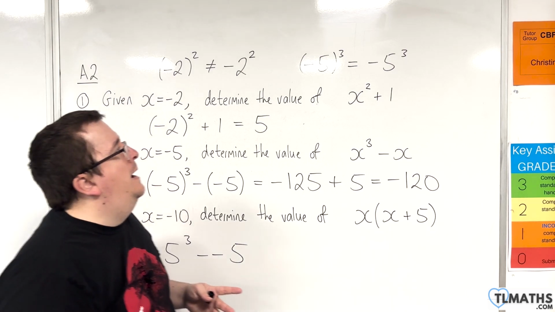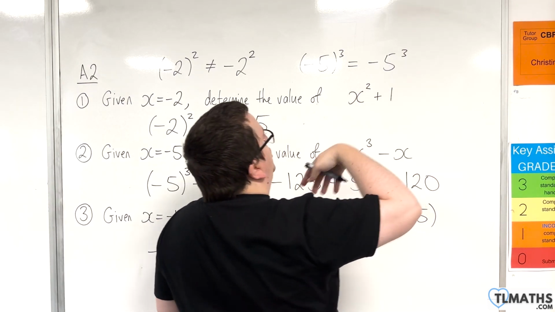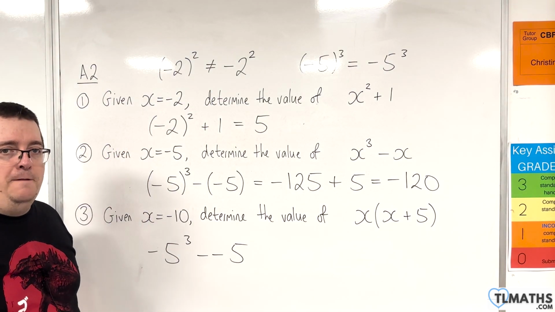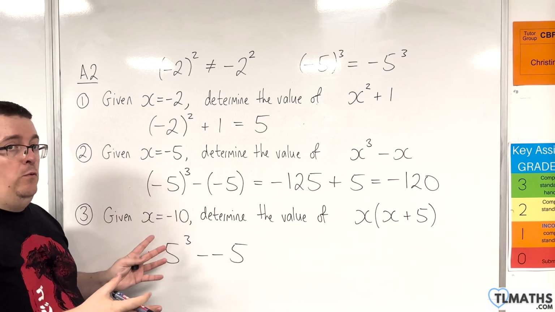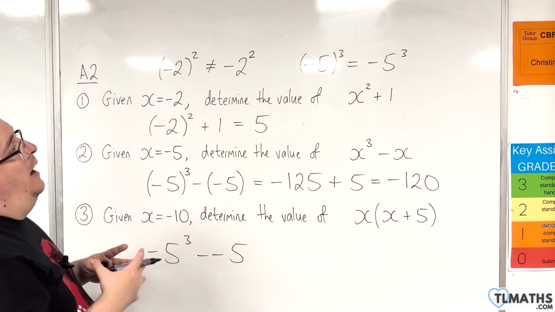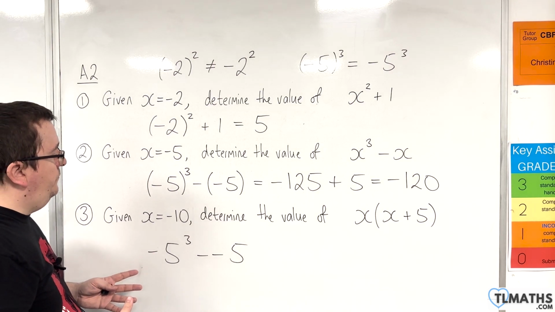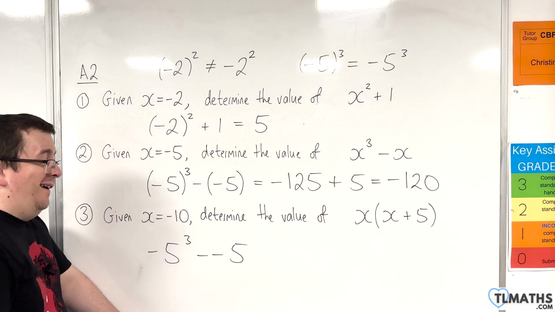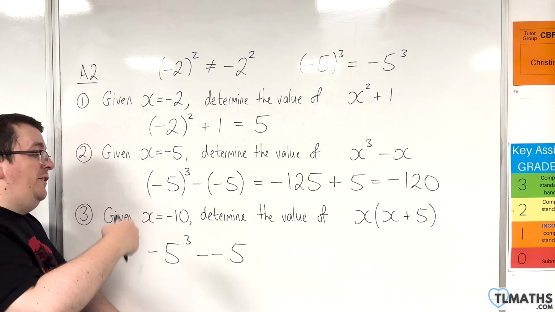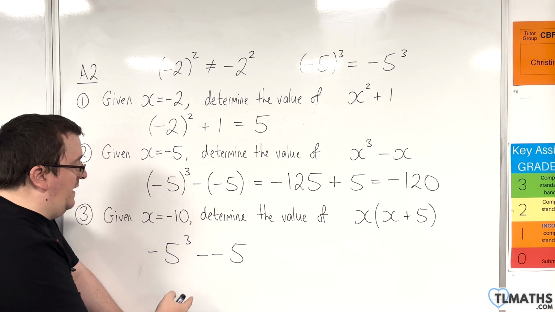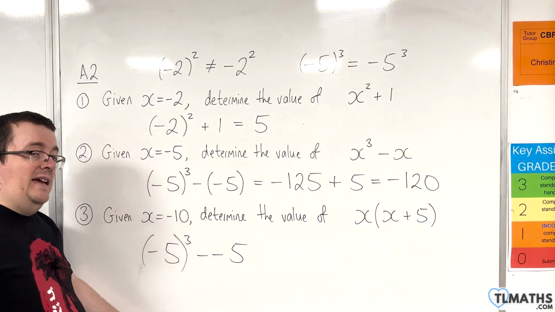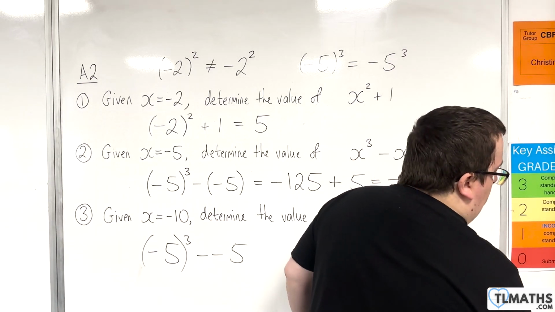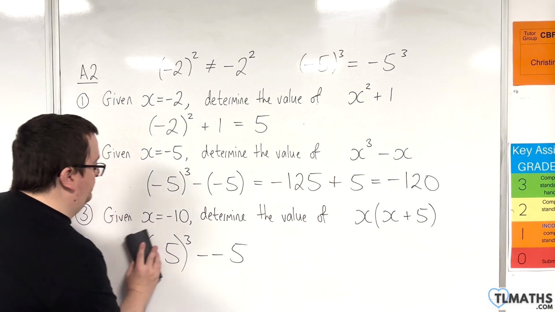And so that is fine. But once you get to a power of 4, then they don't equal one another anymore. Okay? So even powers you've got to be wary of. Odd powers you don't. So you could have gotten away with this. But I do think there's a fundamental misunderstanding if you do write that down without putting at least that bracket in. Okay? So I would definitely use brackets for this.